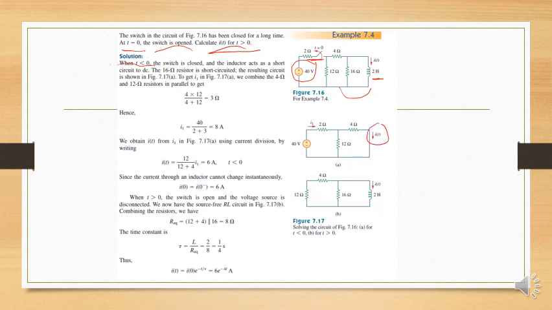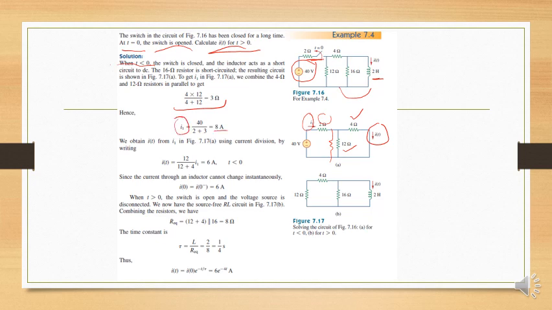So how can we find this i1? We have to find the combination of all the resistors. First of all, combine 4 ohm with 12 ohm. These are in parallel combination with each other. What we got is 3 ohms. Now this 3 ohm would be in series with this 2 ohm, and combining them and finding i1, i1 is 8 ampere.